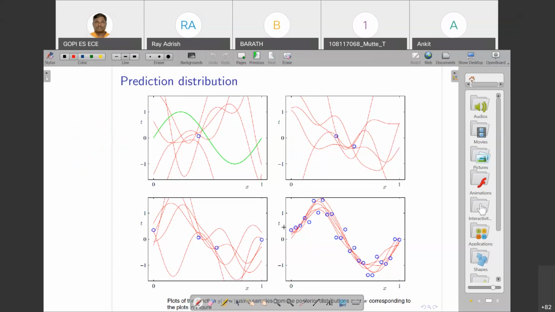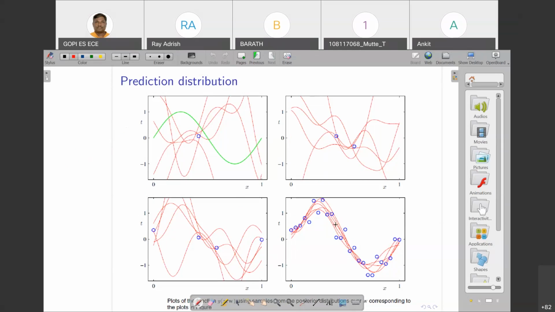As I told you, you are going to take that value of W and fit the curve W transpose phi of X. You get the possible curves in subplot 1 with only one training data, and with 2 training data, the possible plots, and with 4 training data, the possible plots.